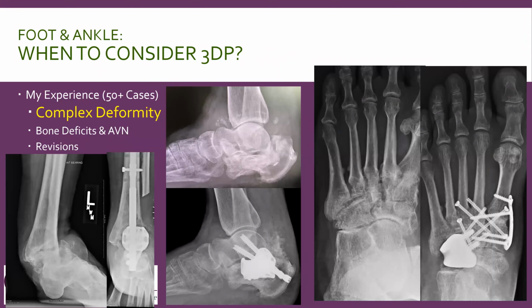So in my experience over the last nearly 3 years, in 50 plus cases utilizing 3D printing with custom implants, the first main indication is complex deformity, whether it be Charcot, like these first two examples, where there's significant deformity and bone quality is obviously not great, or even post-traumatic deformity, like this depressed cuboid fracture, a nutcracker after a Lisfranc injury that was treated many years ago, primarily with an X-fix.